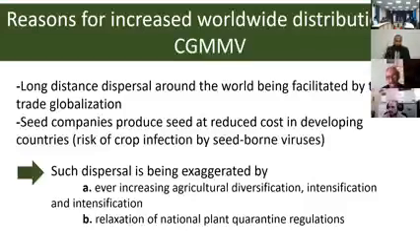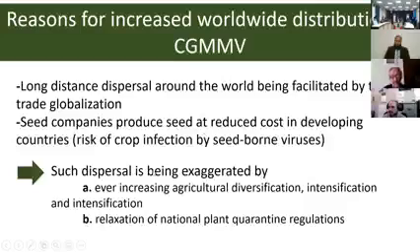That means if the seed we import is infected, then we import a new virus. Seed companies produce seed at reduced cost in developing countries. And in this case, there is a high risk of crop infection by seed-borne viruses.